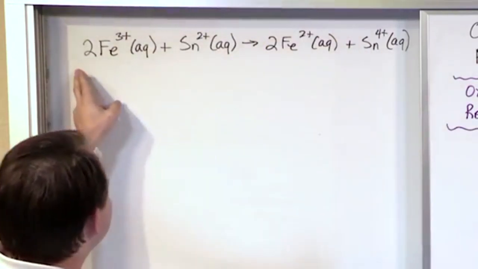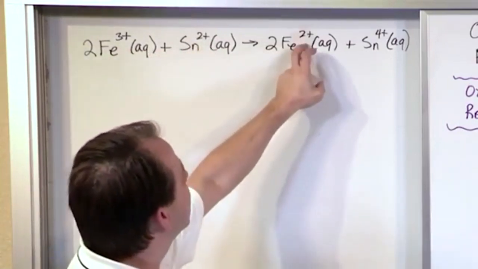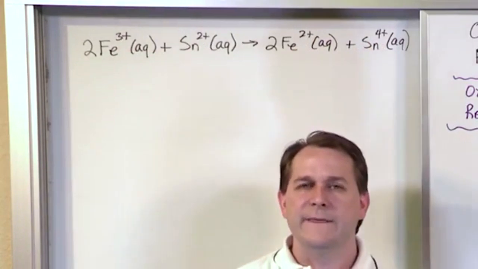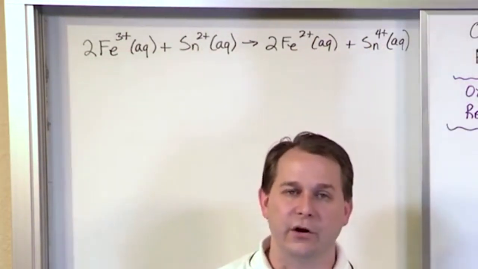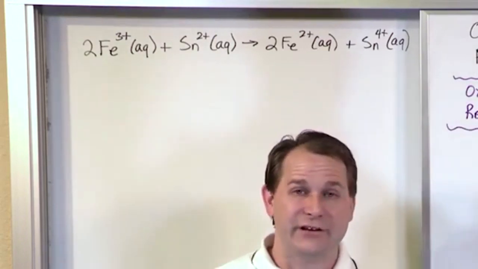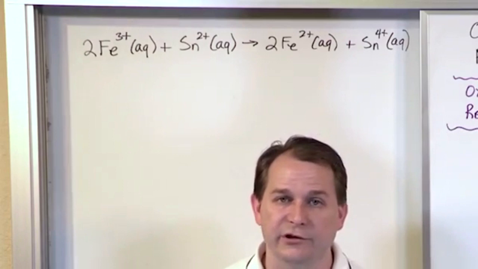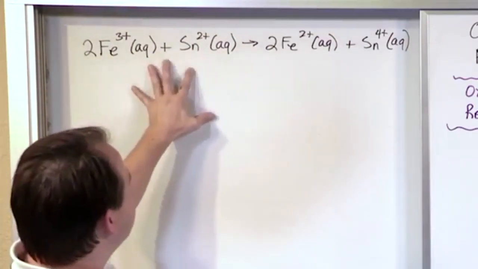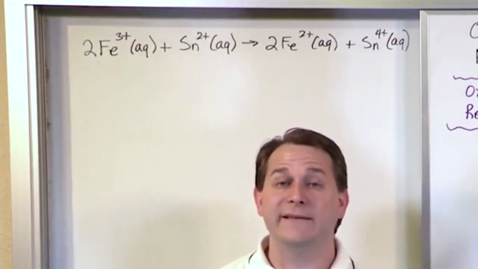So when we see a reaction like this, 2 iron ions and then tin ions and then iron ions with a different charge and tin ions with a different charge, what we're showing here is what's really participating in the electron transfer, in other words, what's actually happening in terms of chemistry. There are other things potentially floating around in solution. You might have nitrates or sulfates or other things that were originally bound to these species, but they're not participating, they're spectator ions.